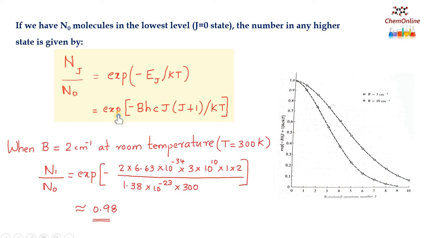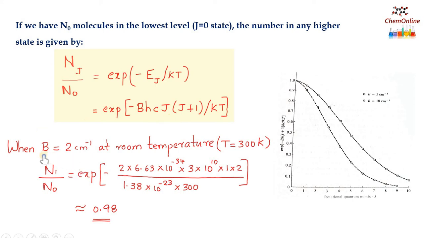This can also be written as exponential minus B h c J into J plus 1 by kT, where B is the rotational constant, h is the Planck's constant, c is the velocity of light, and J is the rotational quantum number.